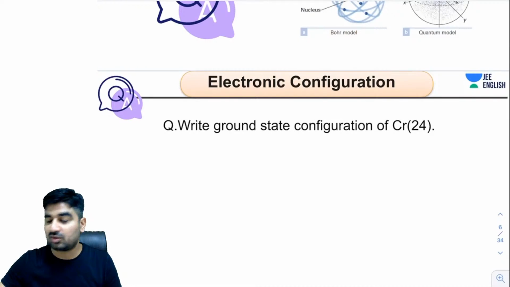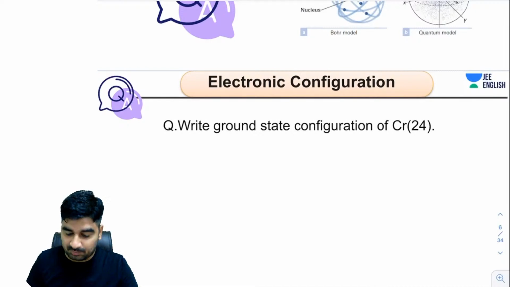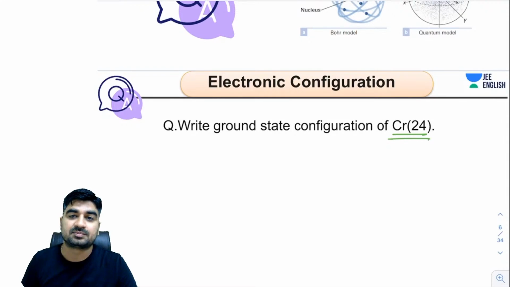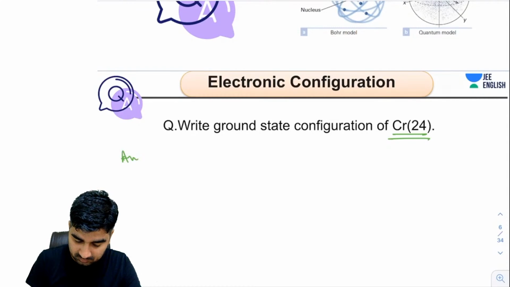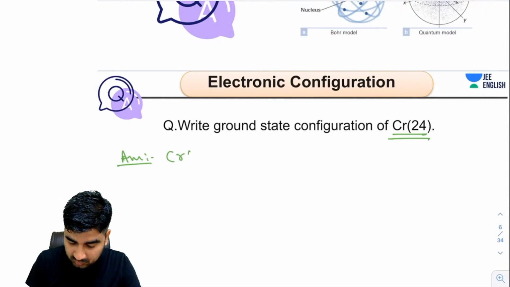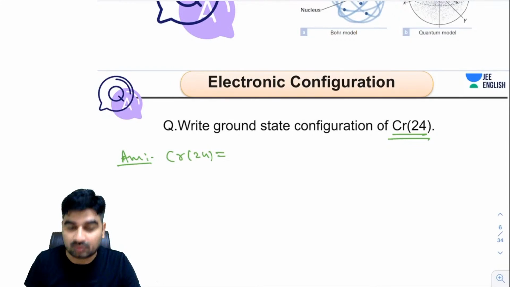Okay. So, let me give you a simple problem. Write the ground state configuration of chromium, atomic number 24.